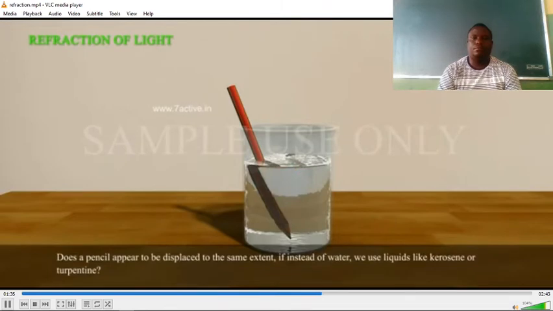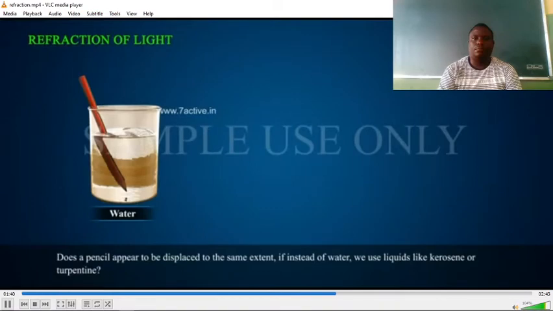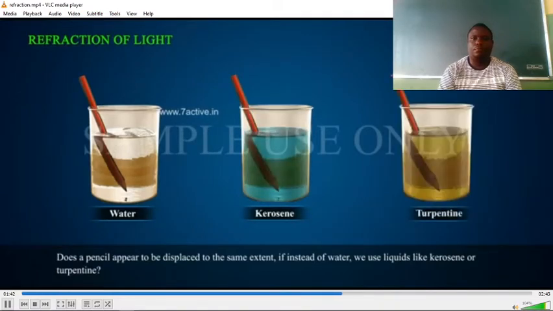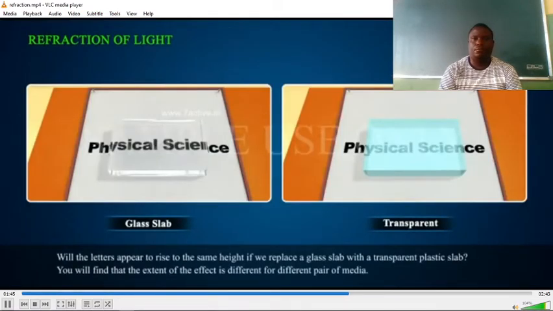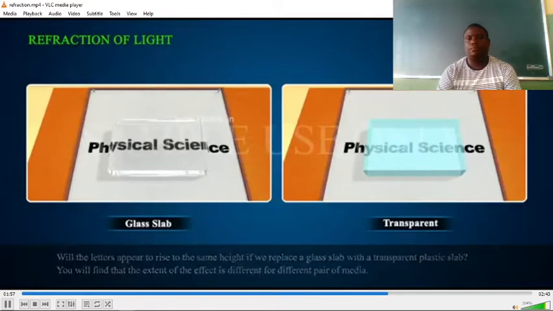Does the pencil appear to be displaced to the same extent if instead of water we use liquids like kerosene or turpentine? Will the letters appear to rise to the same height if we replace a glass slab with a transparent plastic slab? You will find that the extent of the effect is different for different pairs of media.